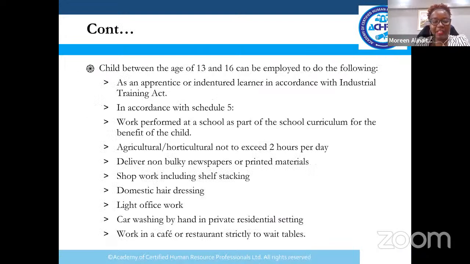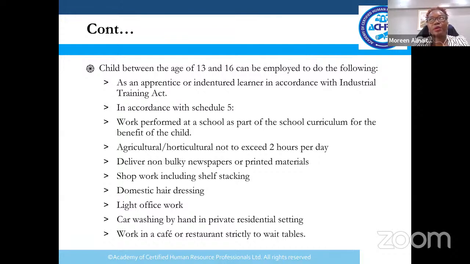We continue. Children between the age of 13 and 16 can be employed to do the following. First, it provided you cannot employ somebody who is below 16. Now it is providing children between the age of 13 and 16 can be employed to do the following. They can be employed as an apprentice or indentured learner in accordance with the Industrial Training Act.